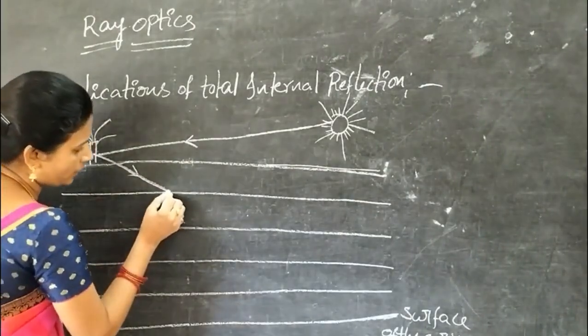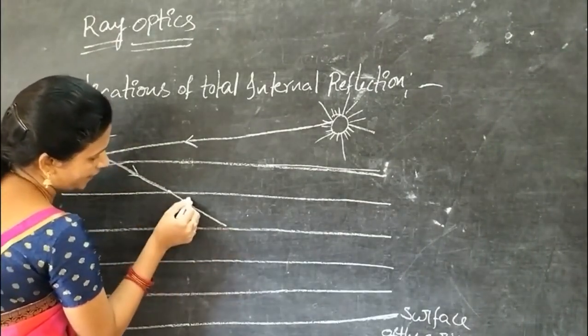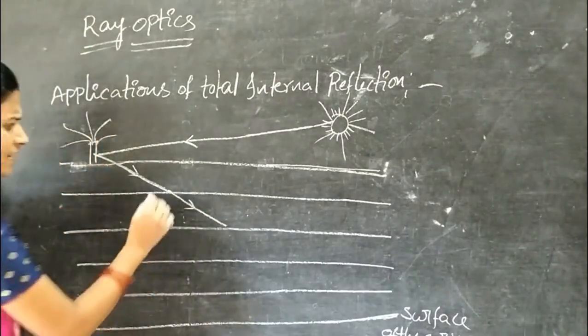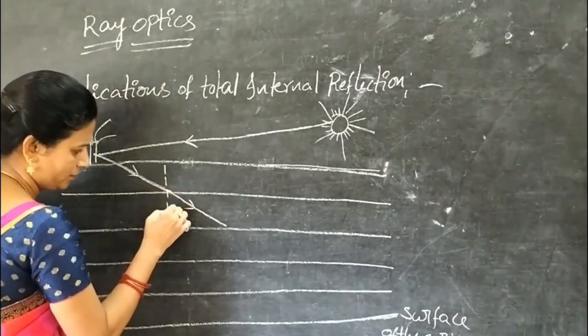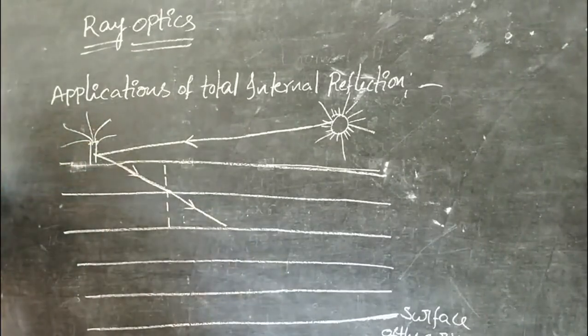Then what will happen? The refracted ray moves away from the normal. This is the normal.